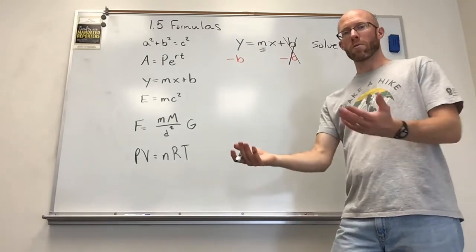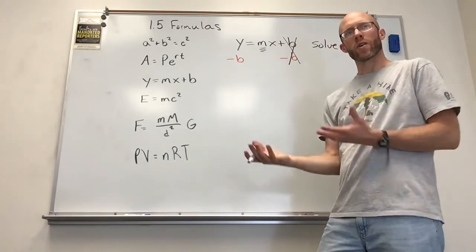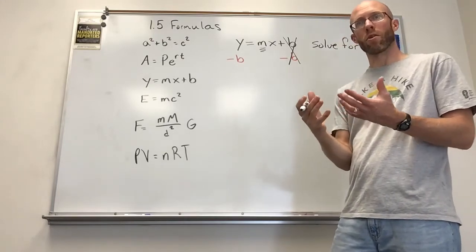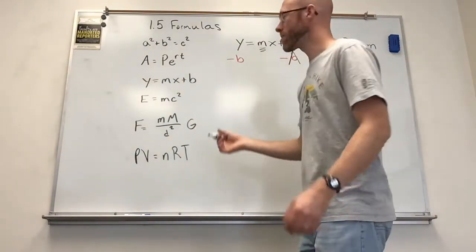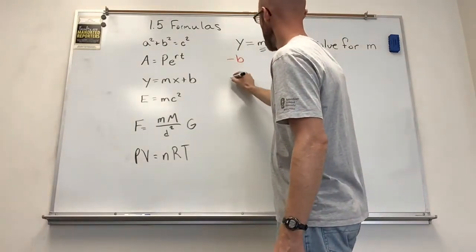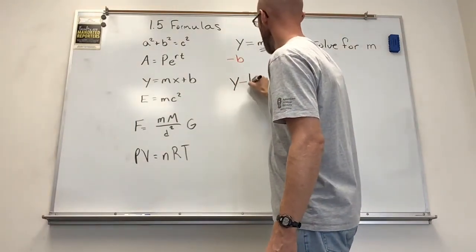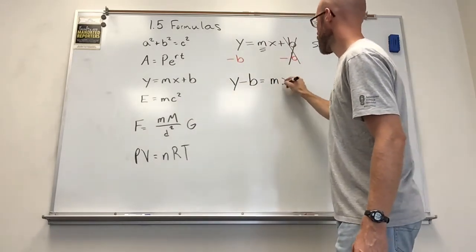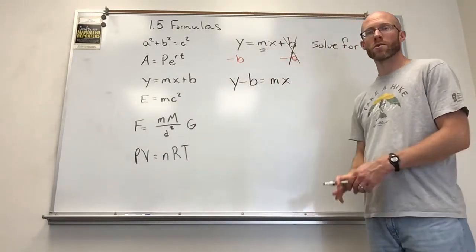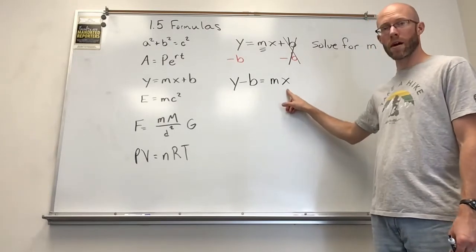I've got a y and a b, two different variables, so I can't combine them the way I could if they were both x's or both y's. So I have to leave them separate: y minus b equals mx.